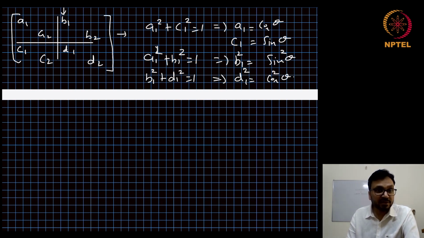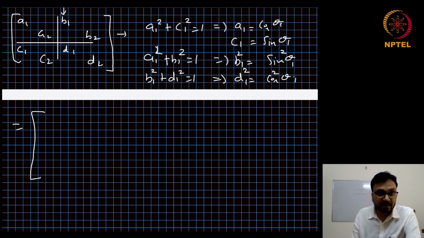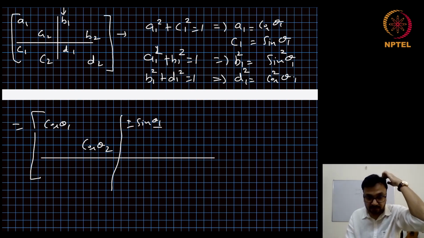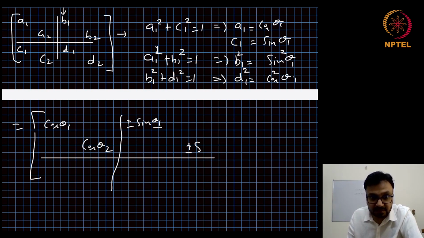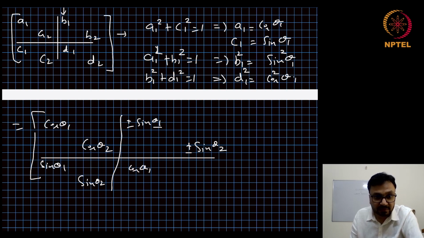Similarly, we can do this with A2, C2, B2, D2, and instead of theta, we can say theta 1 here and theta 2 for the other one. So the matrix becomes cos of theta 1 and cos of theta 2, plus minus sine of theta 1, and plus minus sine of theta 2, then sine of theta 1, sine of theta 2, and cos of theta 1 plus minus, and plus minus cos of theta 2.